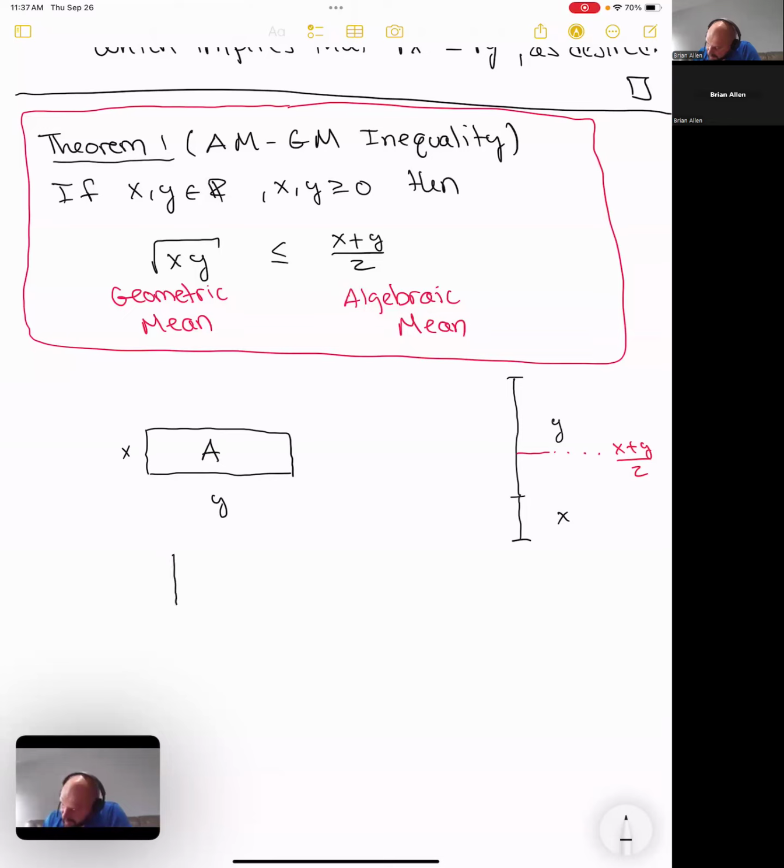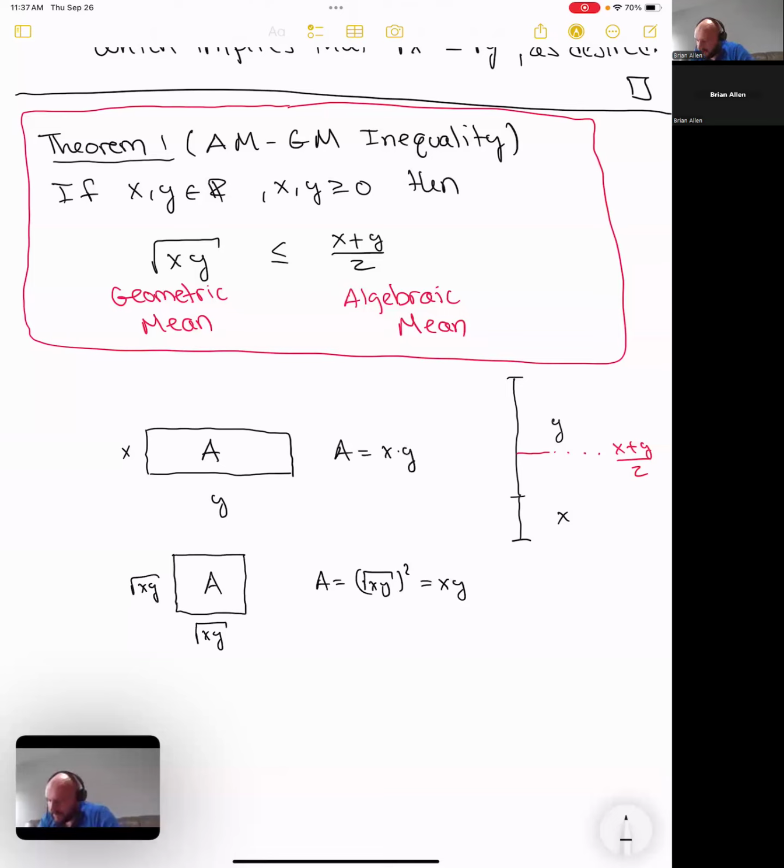I'm not going to claim that my picture is perfectly accurate here, but the point is there should be some square. So a square has to have the same side lengths here. So they're both side length square root of xy. Notice the area over here is the square root of x times y, squared, which of course is x times y, and the area here is literally just x times y.